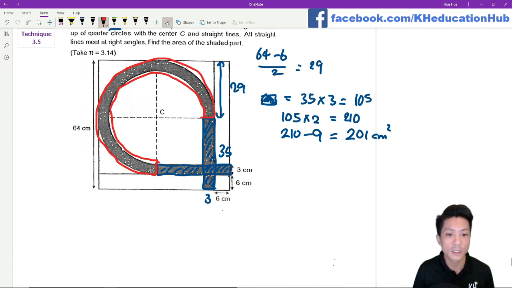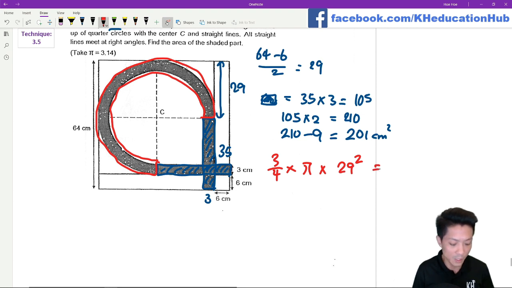Okay, I'm going to find the area of the big 3/4 circle minus the area of the small 3/4 circle. The big 3/4 circle would be 3/4 times pi times the radius of the big circle, which is 29 squared.